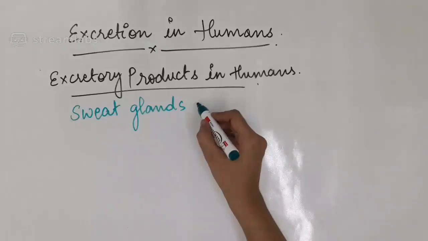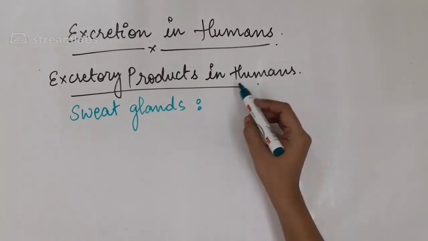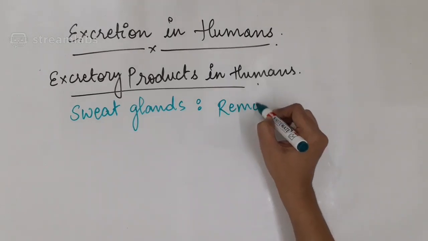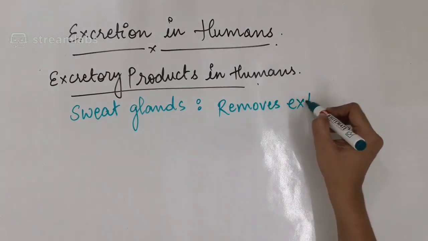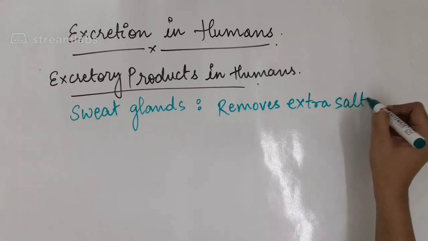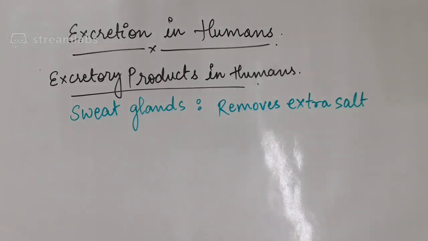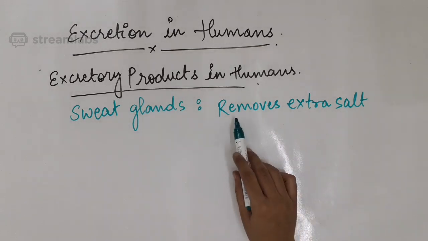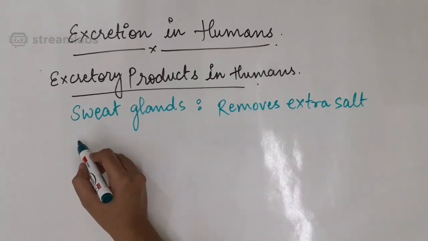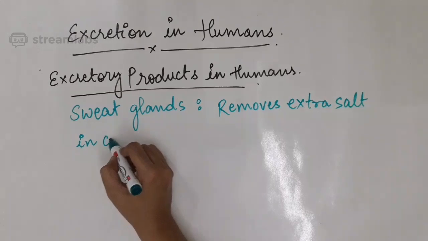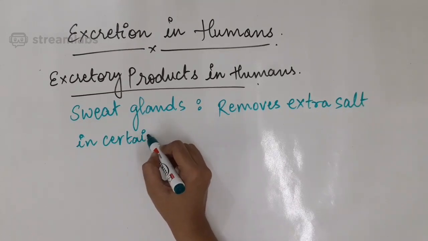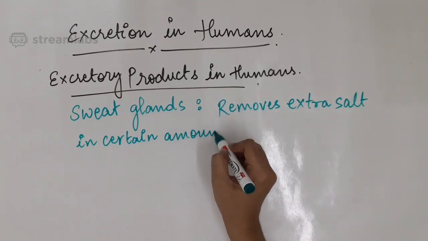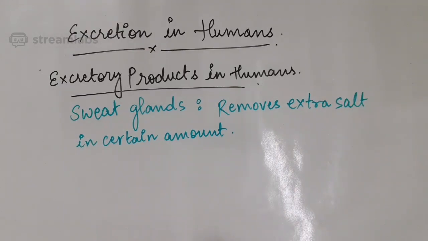The sweat glands remove extra salt which is present in our body when we take food, etc. So it removes the extra salt in a certain amount. Excess salts are excreted mainly through the kidneys and sweat glands.